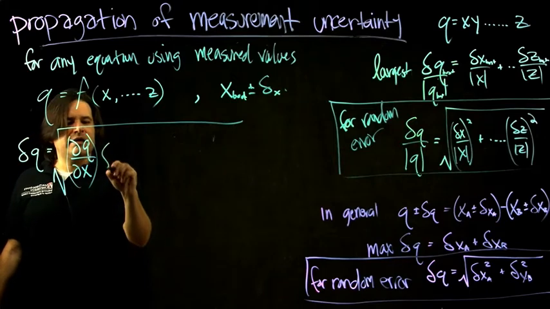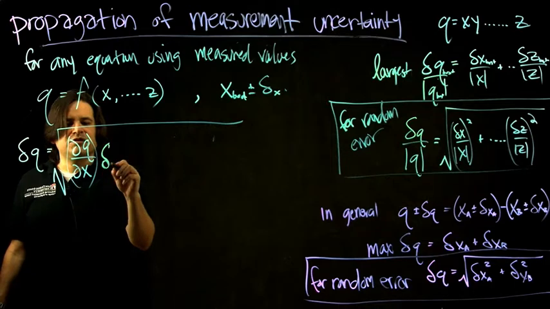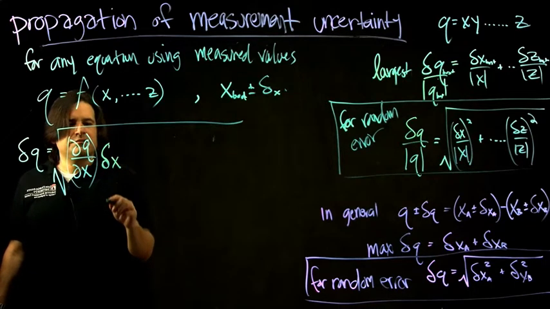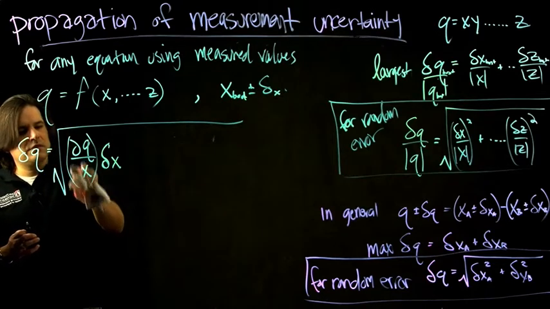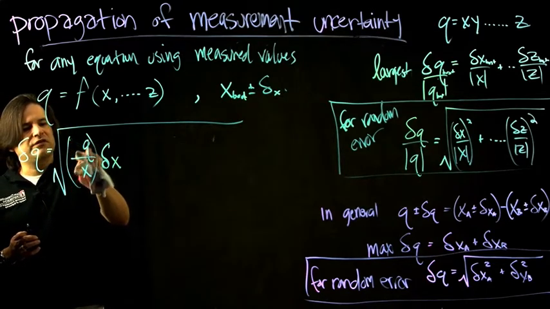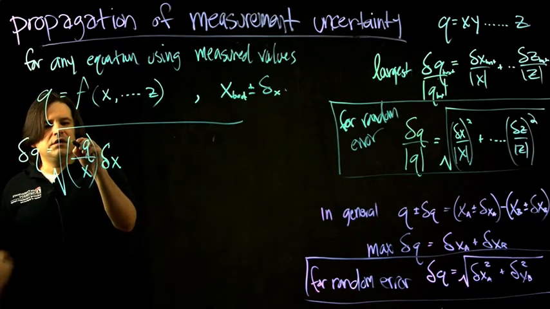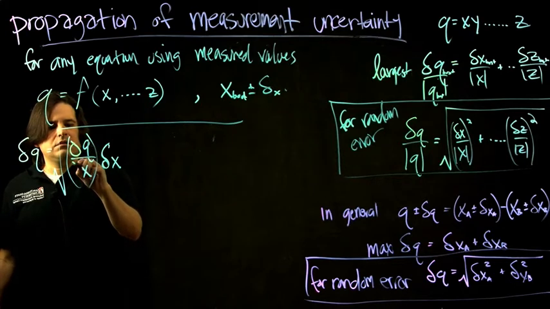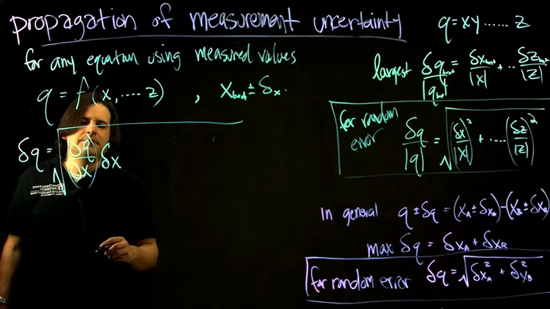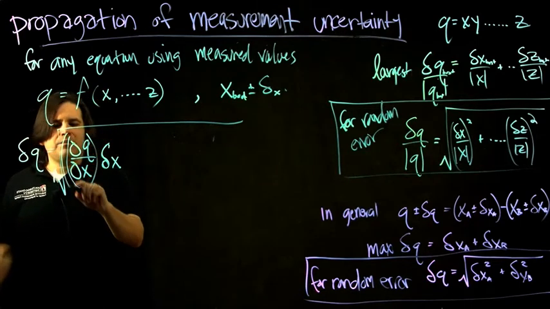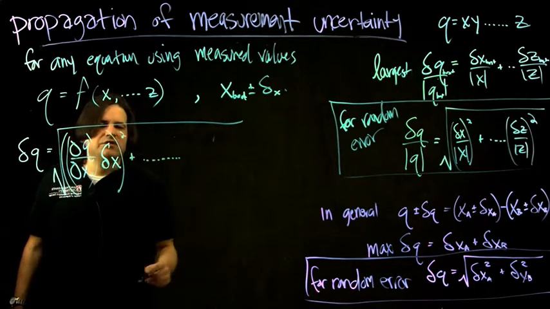Then you multiply it by the uncertainty in the measured value. So let me try to make these a little clearer. So this is partial derivatives. It's delta, not sigma. And you take that product and you square it, then you go down the line for each of the variables.